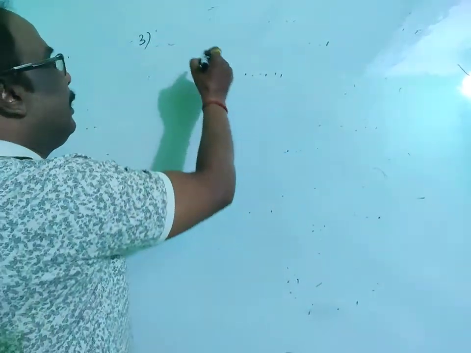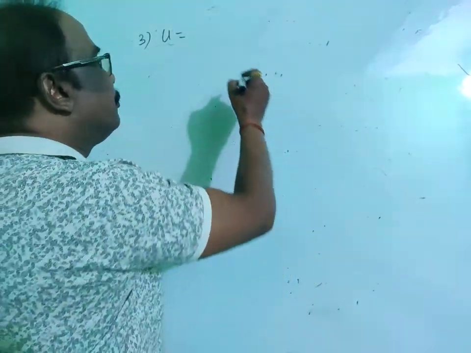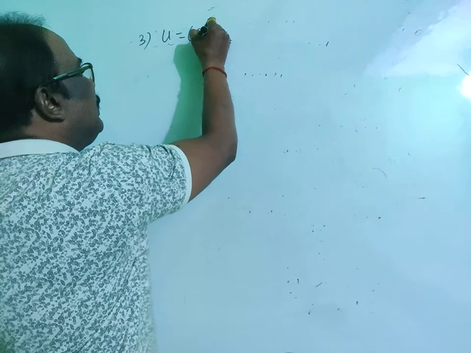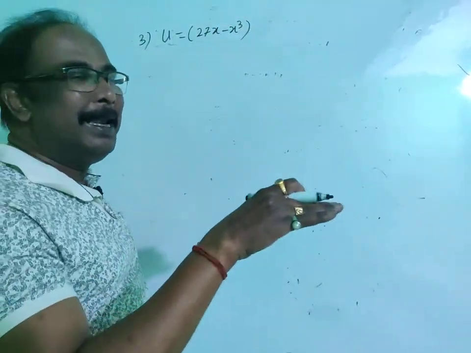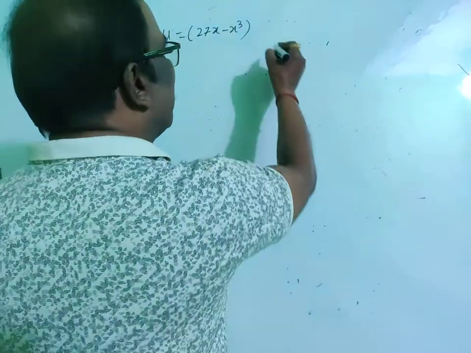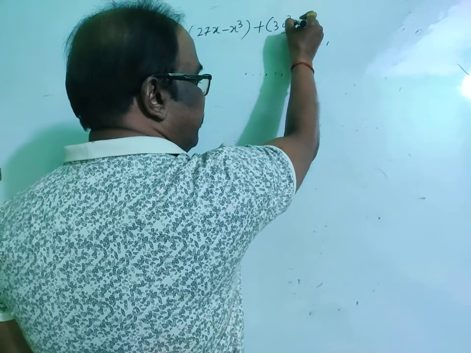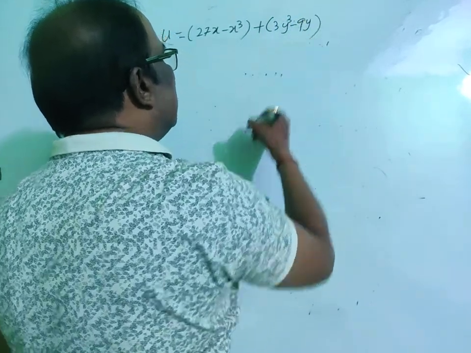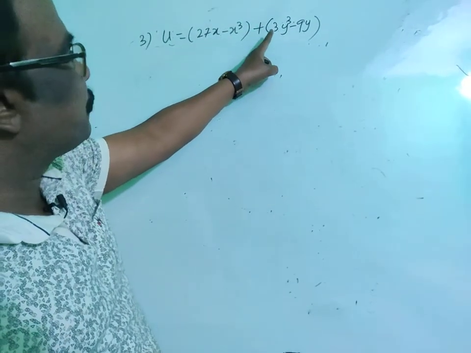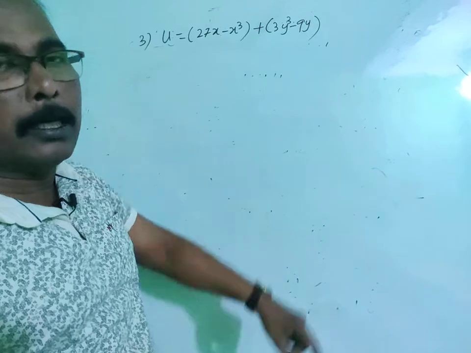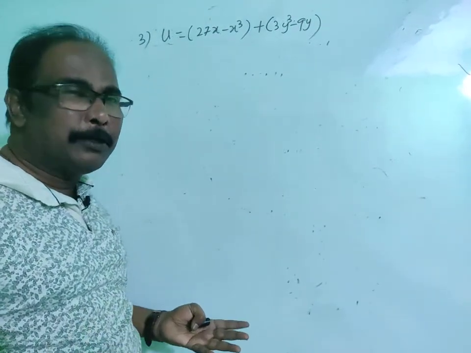See, in a similar way, potential energy is given as 27x minus x cube in x direction, plus in y direction 3y cube minus 9y. That is, 27x minus x cube plus 3y cube minus 9y. See, previously we were considering only along the x-axis.